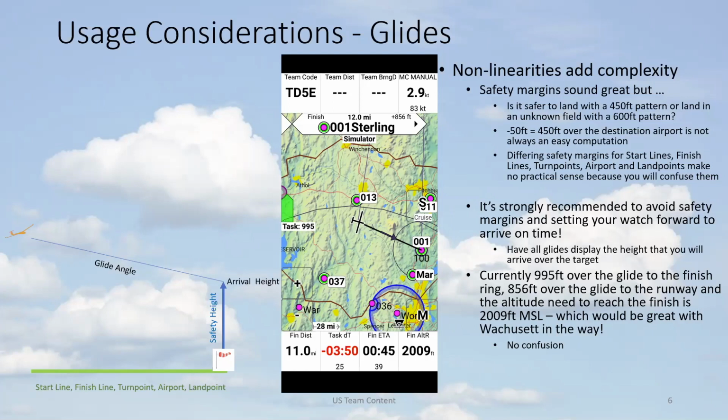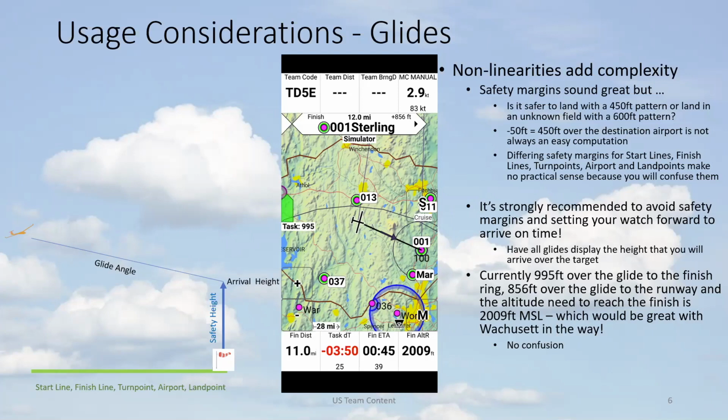So, how should you use the instruments to the best effect? Well, I've tried a lot of different things over the years, and the thing that I like the best is to set zero margin against whatever it is I'm gliding to. So it's consistent.